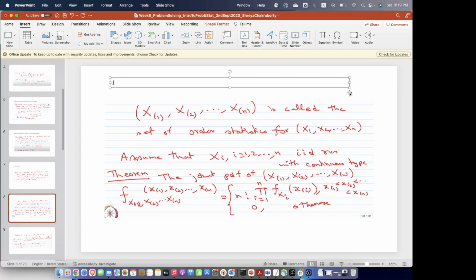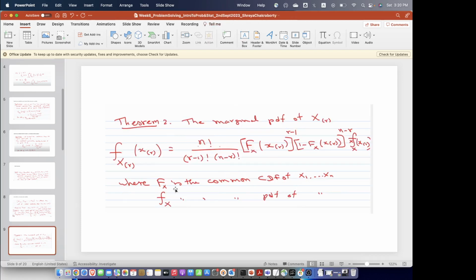IID, then the joint PDF of n continuous order statistics is given in this manner: n factorial times the product of f_X(x_i), where f_X is the individual PDF.